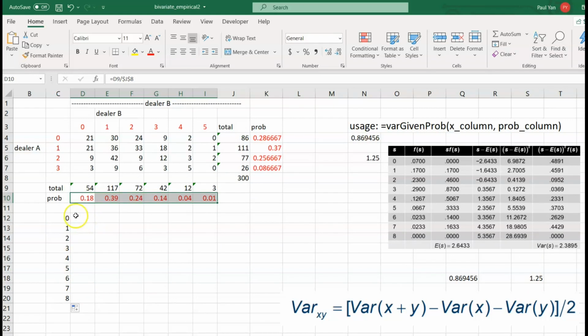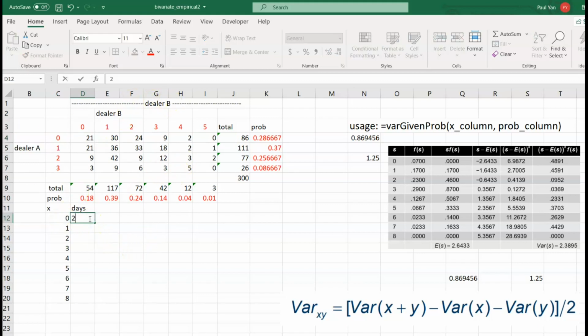Okay, so let's look at this. We can call this X, so this is days. How many days is it? Obviously, the days is 21. Why? Because they're 0, no dealer sold anything, so this is 21. And what is the corresponding probability?